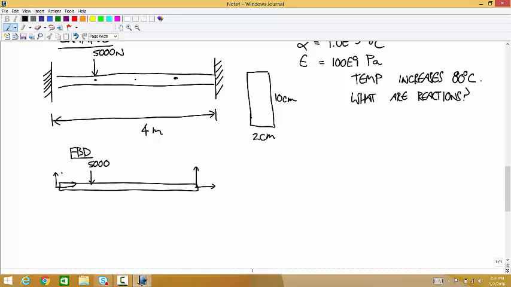Okay, so let's call this the force RA. This is the force RB. And we are going to need MA and MB.